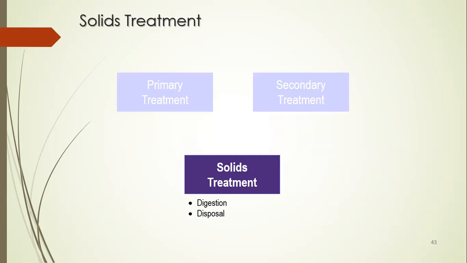Then the final step, that is the solid treatment. All the solids that are generated during the treatment process need to be managed at the end by using techniques such as digestion. The final step would be the disposal.